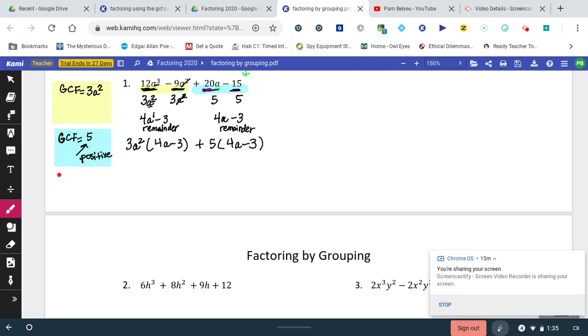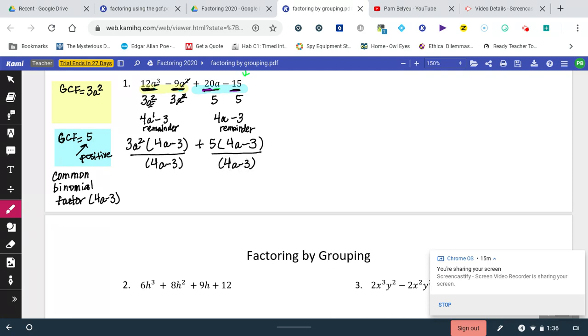Now I have a common binomial factor, which is 4a minus 3. So now I get to divide each piece by 4a minus 3.